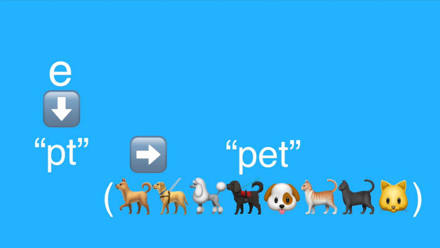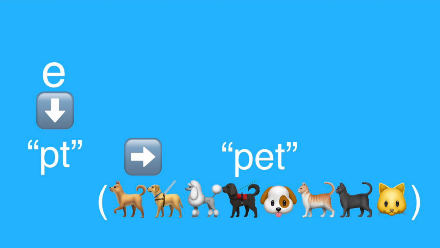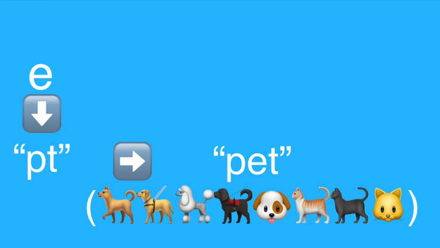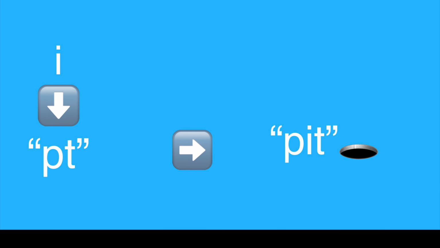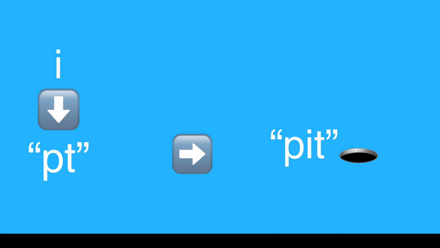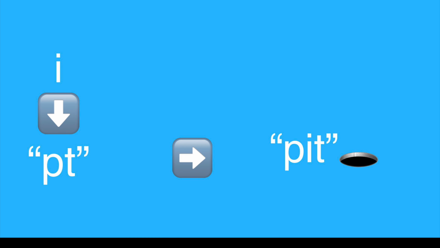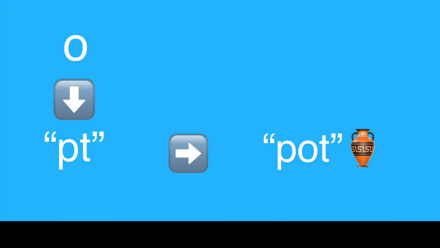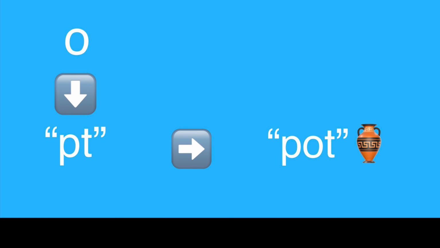Add the letter E, they become P-E-T, pet. Letter I, they become P-I-T, pit. Add the letter O, they become P-O-T, pot.